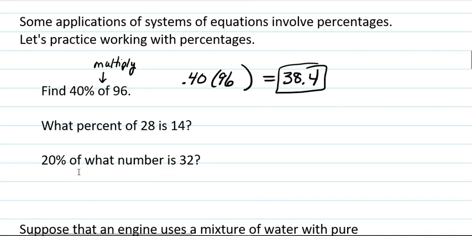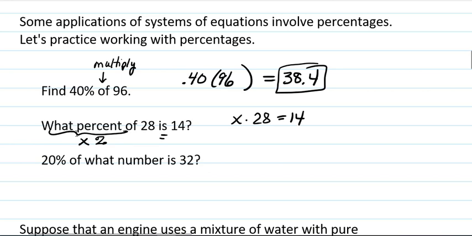If I asked you what percent of 28 is 14, then you have a little bit of an equation to solve. The missing quantity is the percent. Let's call that x. X percent of 28 means to multiply x times 28, and "is" means equals, so x times 28 is equal to 14.